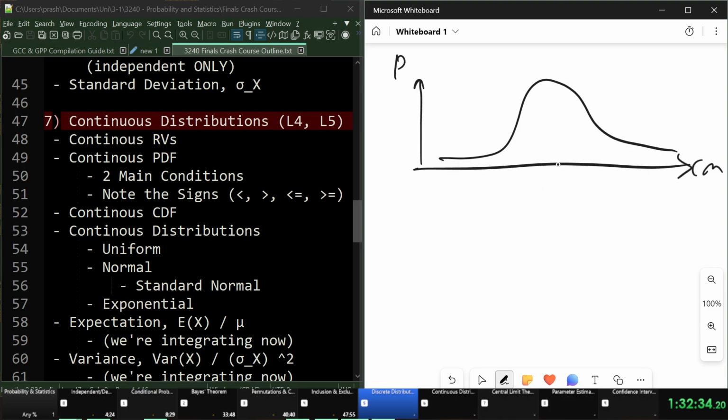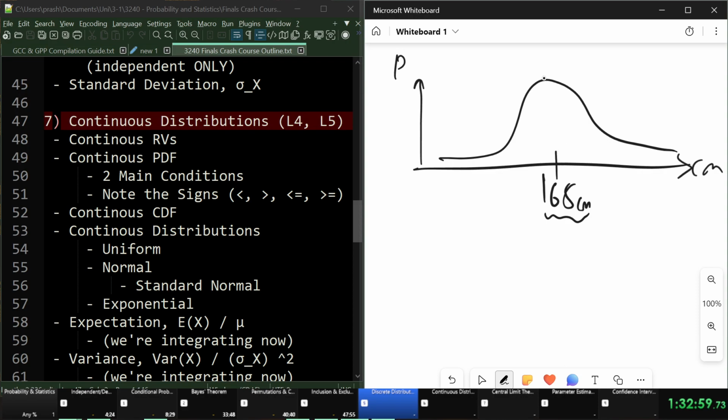This is a continuous distribution because let's say the mean is at 165, I guess. 165 isn't a discrete number. You can have 165.1, 165.2, 165.21. There's lots of in-betweens here. So you can't have the probability of exactly 165.